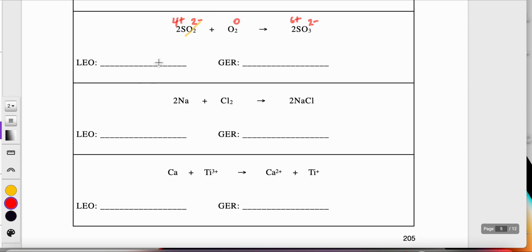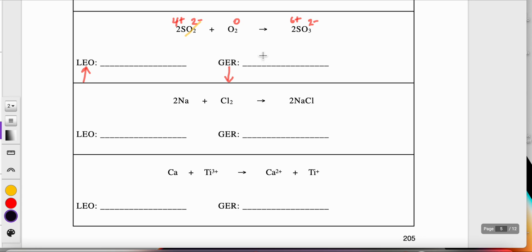Now, quick reminder. LEO means losing electrons, losing negative charge, so the oxidation state goes up the ladder, whereas GER means gaining electrons, gaining negative charge, and the oxidation state will go down that ladder. So if I take a look at this O, it starts off with a 0 and it ends with a -2. Going from 0 to -2 goes down the ladder.